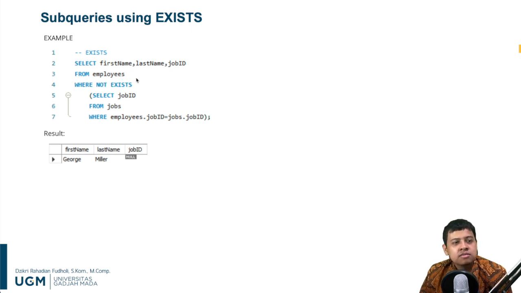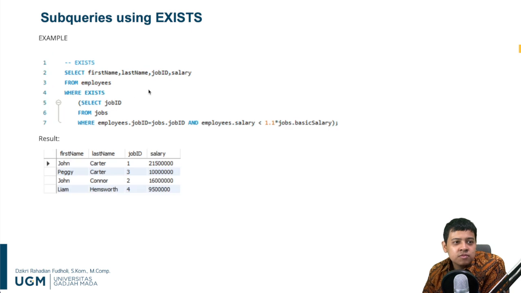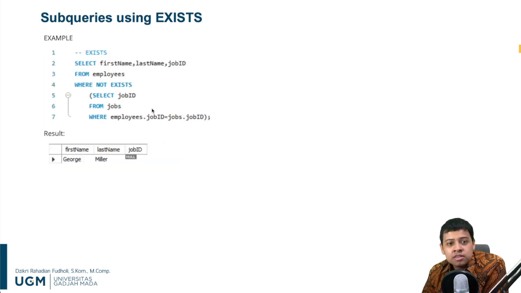Another example: SELECT first_name, last_name, job_id FROM employees WHERE NOT EXISTS. Before EXISTS, we can use NOT. So WHERE NOT EXISTS (SELECT job_id FROM jobs WHERE employees.job_id is equal to jobs.job_id).